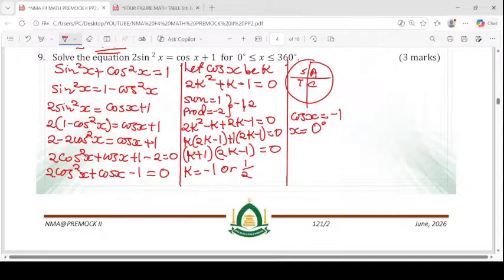But now where is cos negative? Where is cos negative in our quadrants?